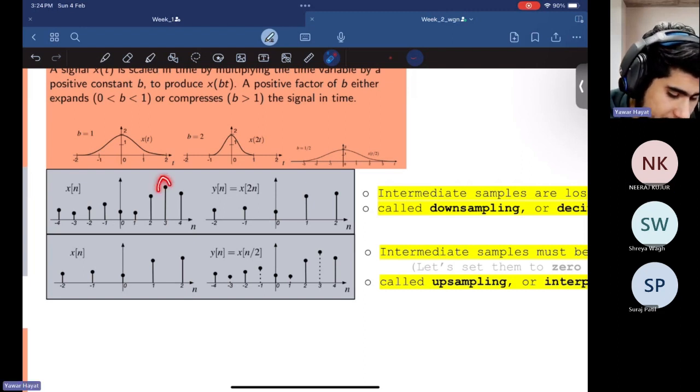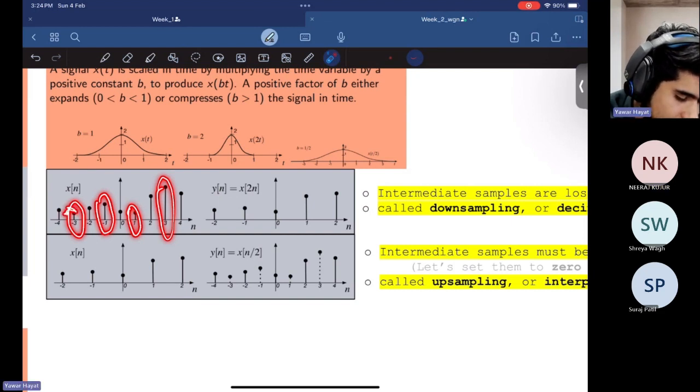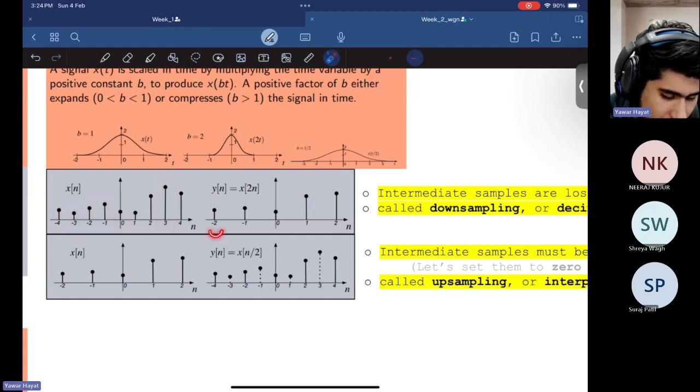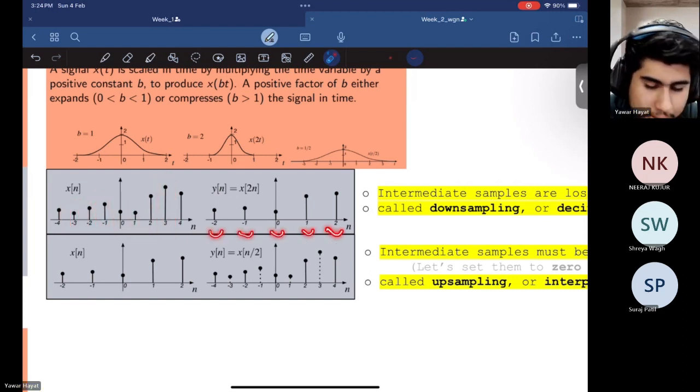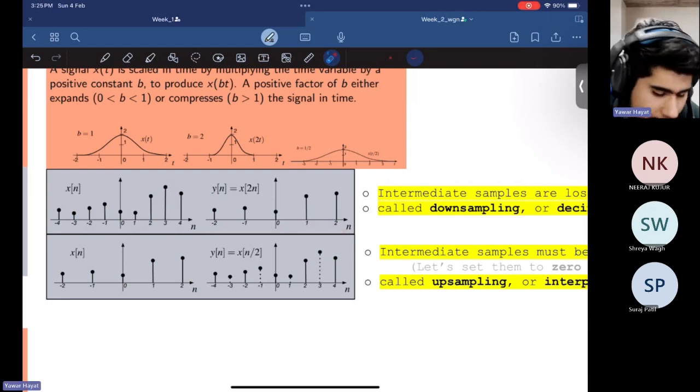All the odd numbers, yes. This one, this one, this one, and this one, right? We'll be losing these samples, and we are left with 1, 2, 3, 4, 5 samples.